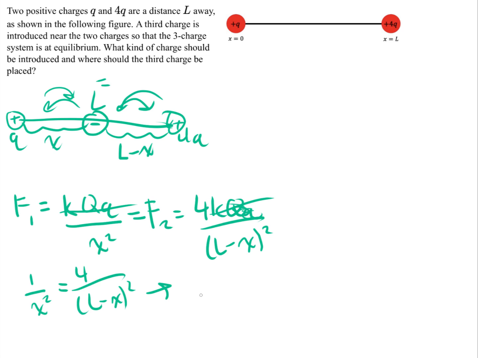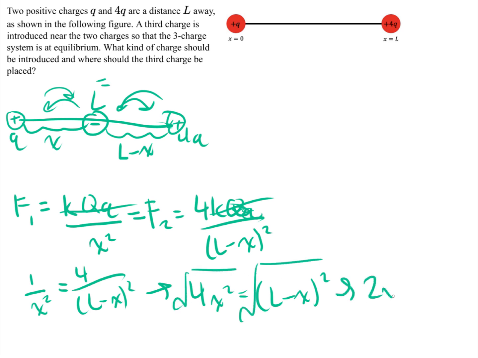Then we cross multiply to get 4x squared equals L minus x, squared. Then we can square root both sides, so we get 2x equals L minus x. So 3x equals L, and x is equal to L over 3.